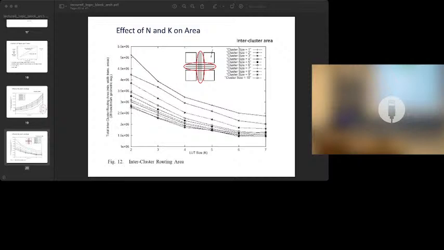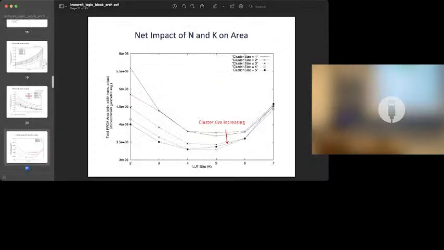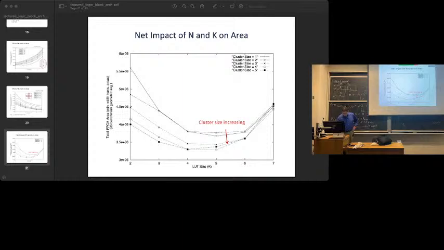So to get the full picture, they have to add them together, and that's what this graph is. This is looking at just clusters of between 1 and 5 lookup tables. This is a cluster of size 1 right there, and then a cluster of size 2, and then clusters of 3, 4, and 5 down here. And again, we're going across different lookup table sizes. So what are we seeing?